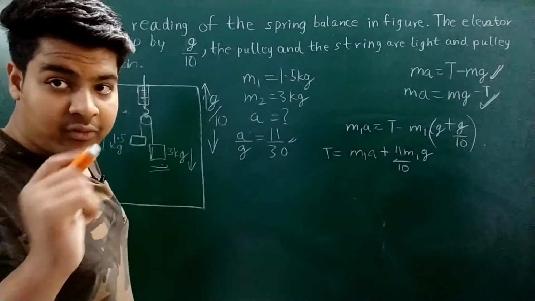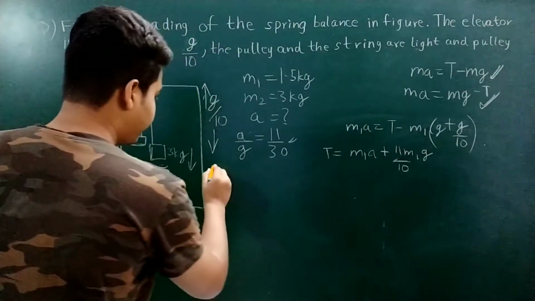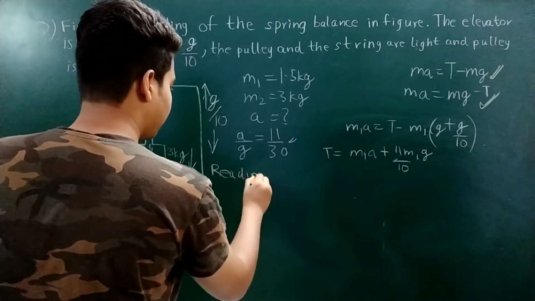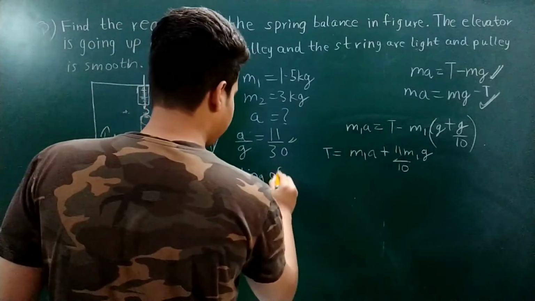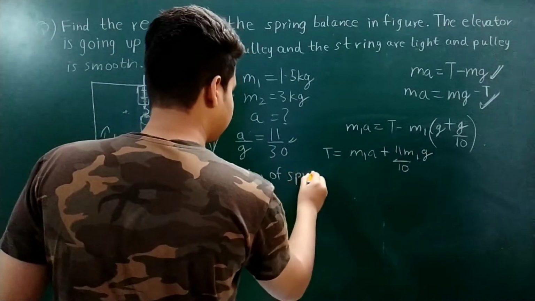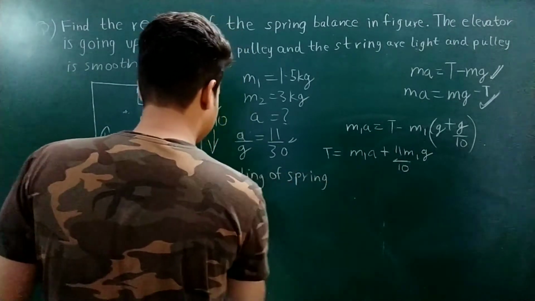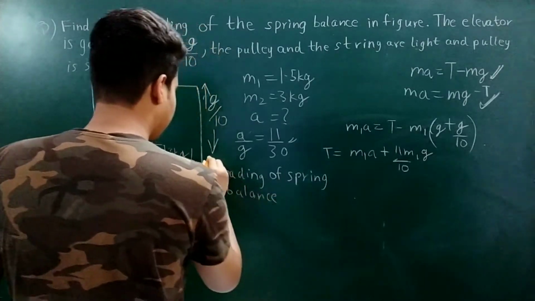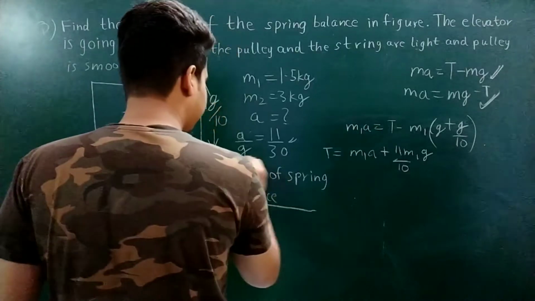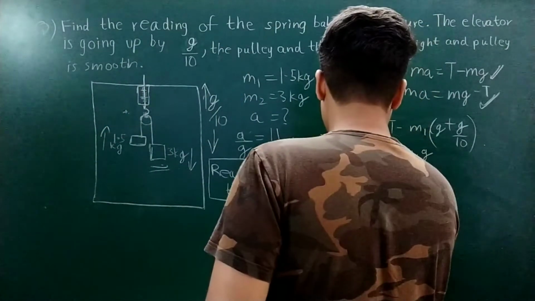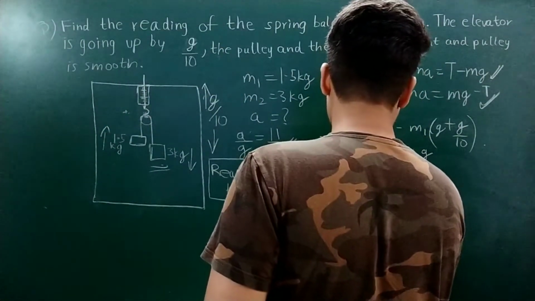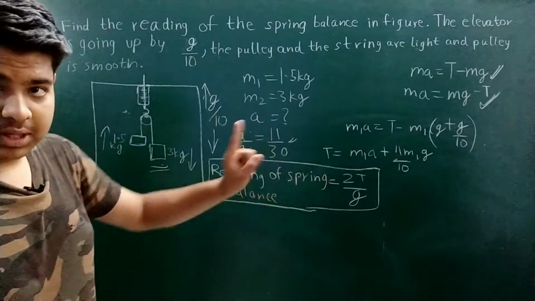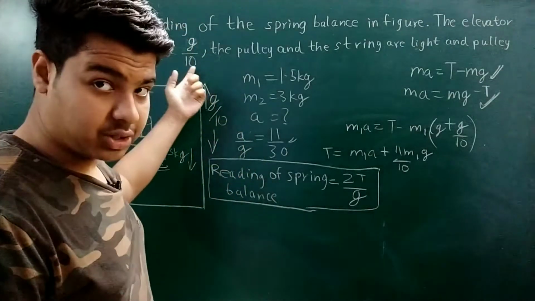Then we have one more formula here, that is the reading of the spring balance. For this, the formula is equal to 2 into tension upon G. This is another formula that has to be kept in mind while solving this question.